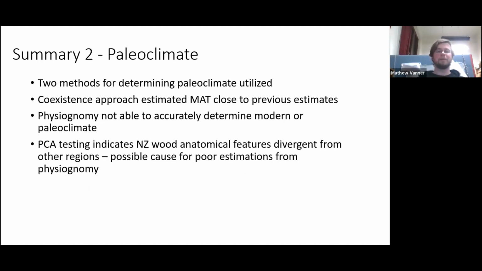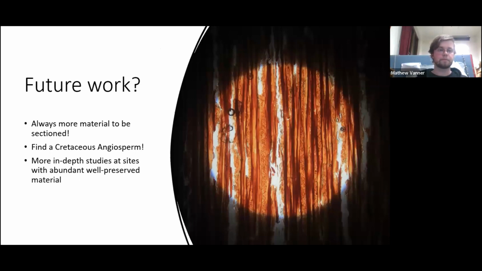The paleoclimate work wasn't really a success, but we got that really interesting output that the New Zealand woody flora doesn't really reflect any of its neighbours or any other place in the rest of the world.